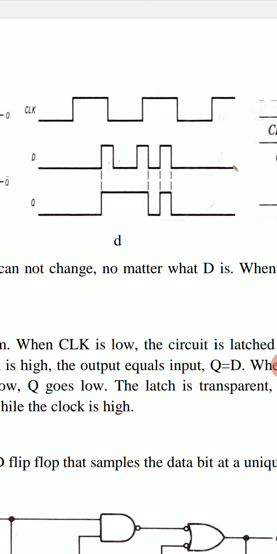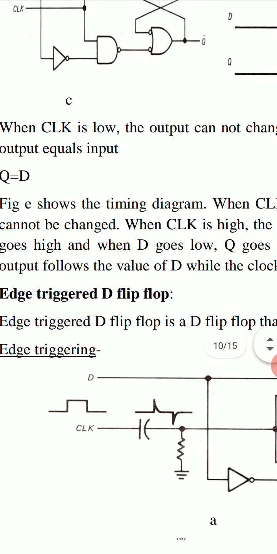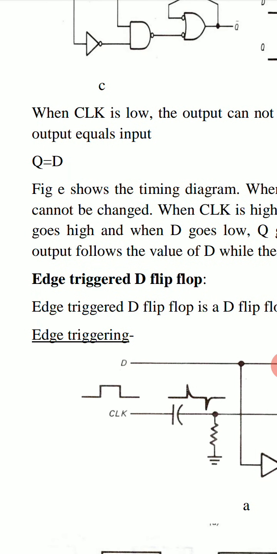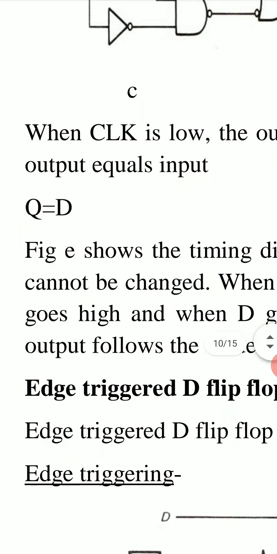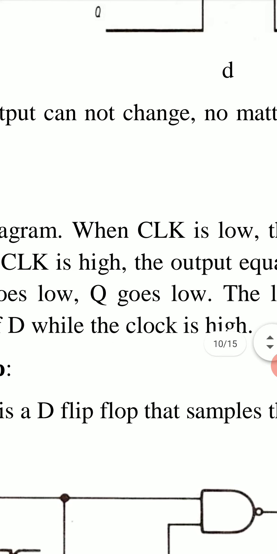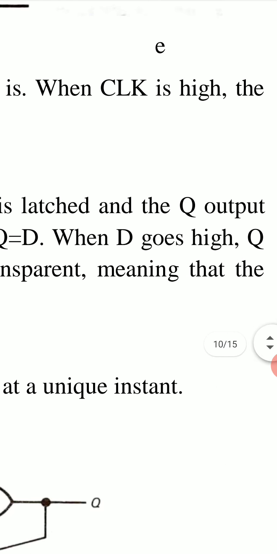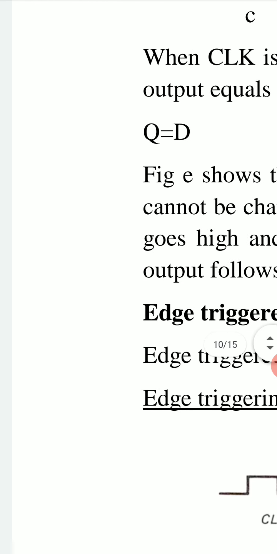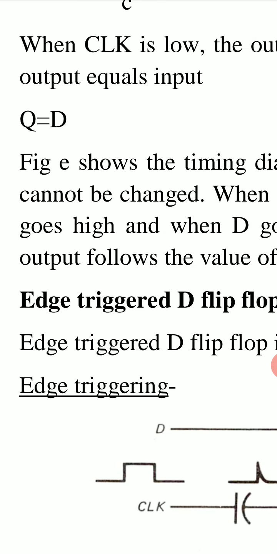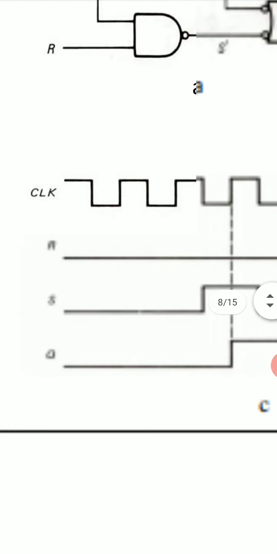So output Q will change according to D only if clock is high, that is 1. When clock is low, the output cannot change no matter what D is. When clock is high, output equals input, that is Q equal to D. Figure E shows the timing diagram.